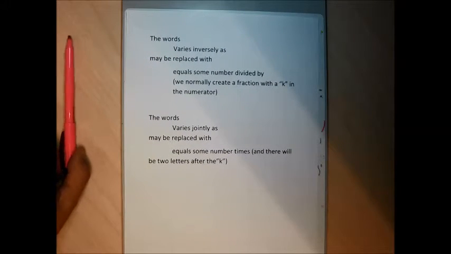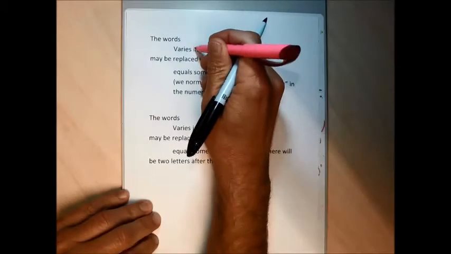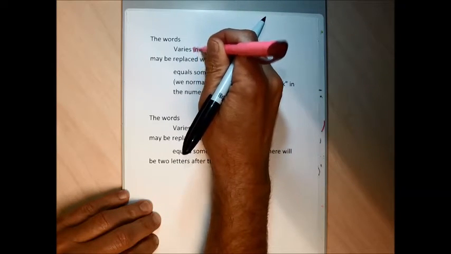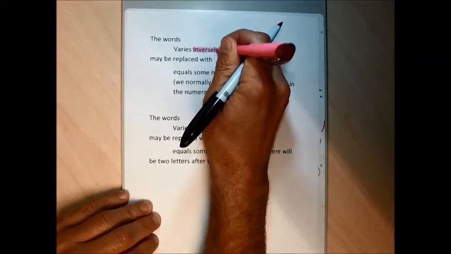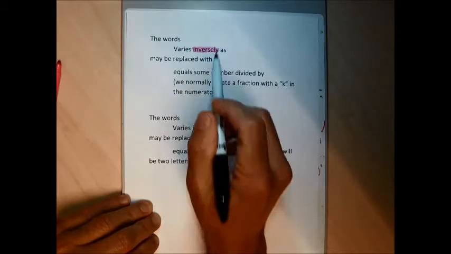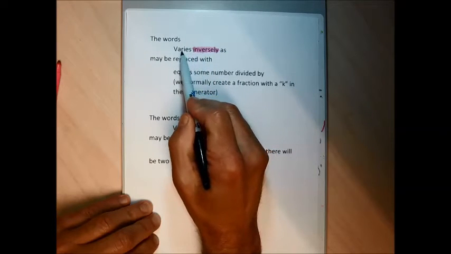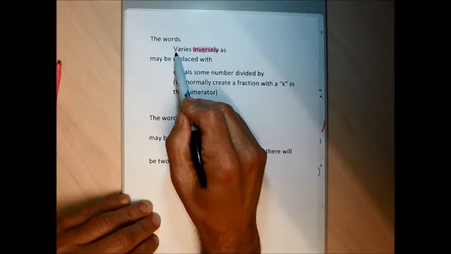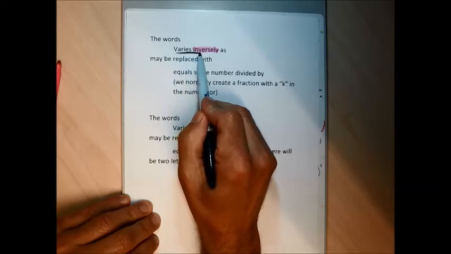The next word that's going to be important is the word inversely, and in this section the key words are usually preceded and followed by other words.